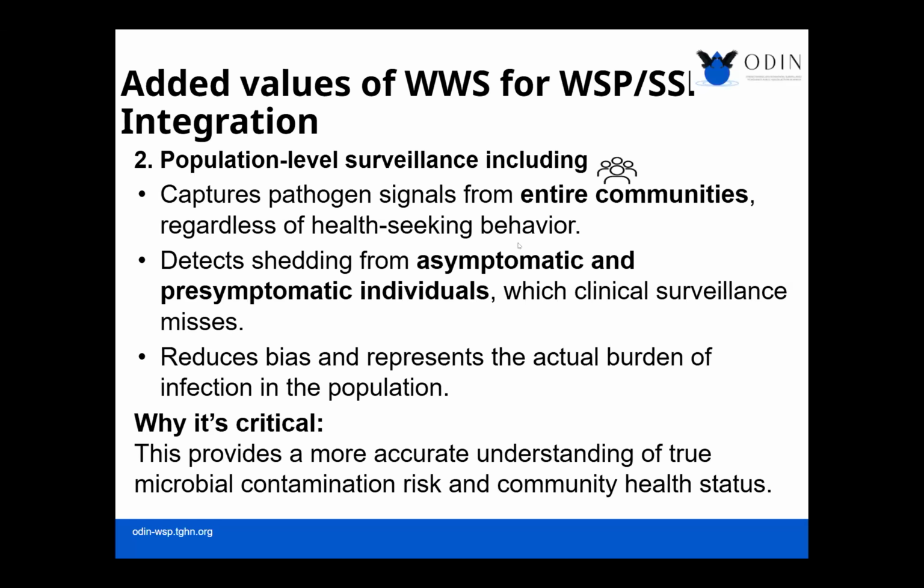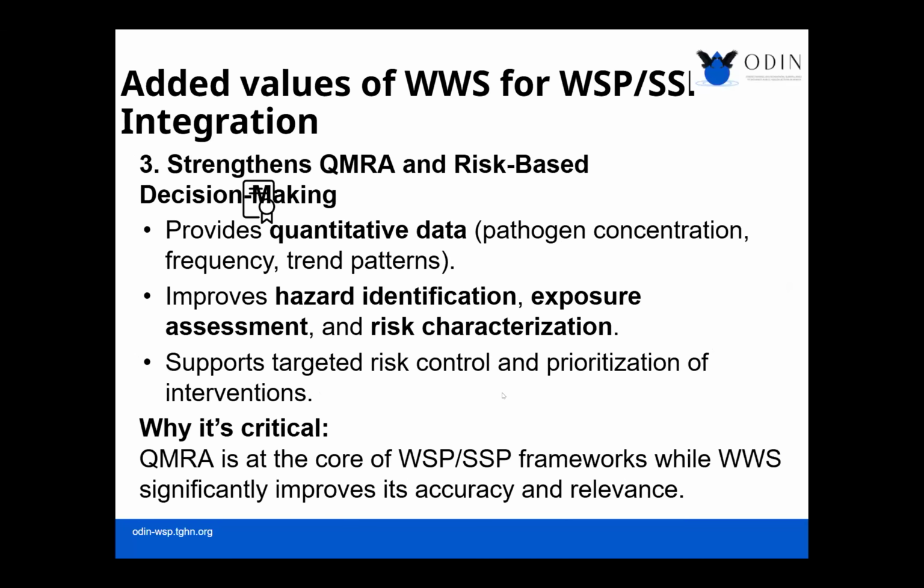It also helps to detect shedding from asymptomatic and pre-symptomatic individuals, which clinical surveillance will unfortunately miss. As a take-home message, wastewater will provide a more accurate understanding of the true microbial contamination risk at the community level.